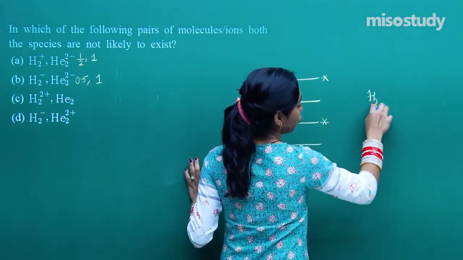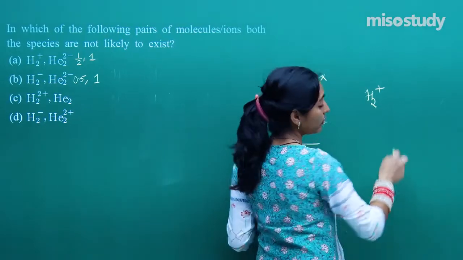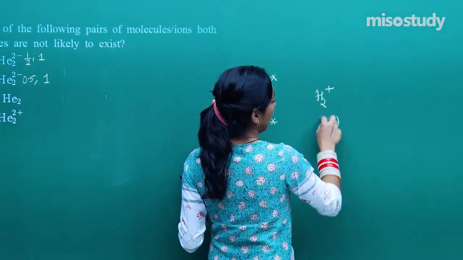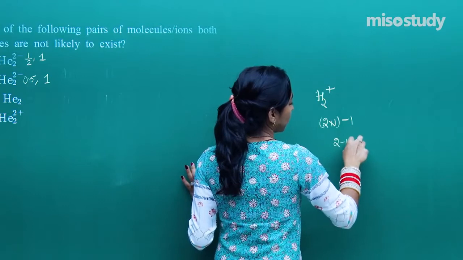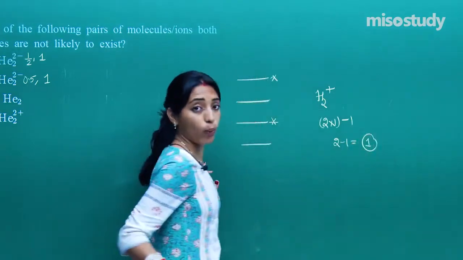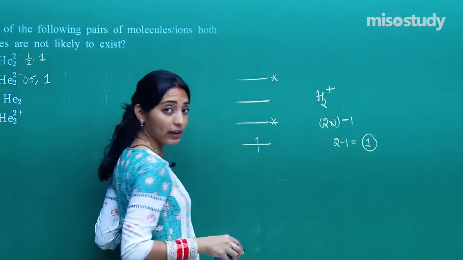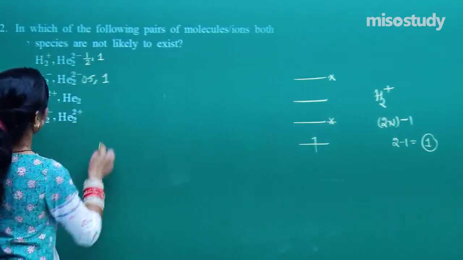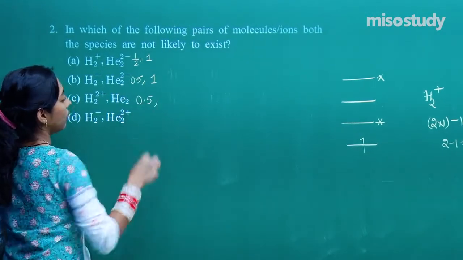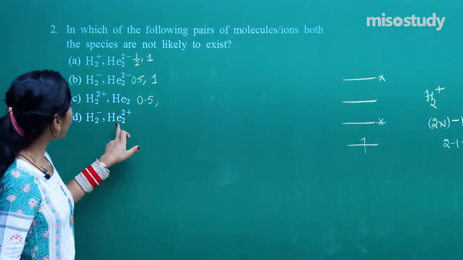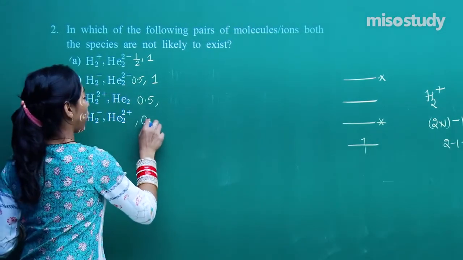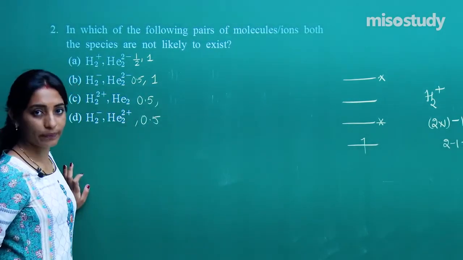How many electrons? Once again 2 into 1 minus 1, so 2 minus 1, only 1 electron is there, which will be kept here, and the bond order will be 0.5. Then we have H2 with a negative, whose bond order will again be 0.5, right?